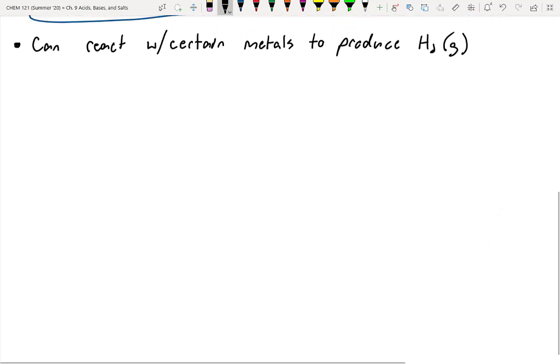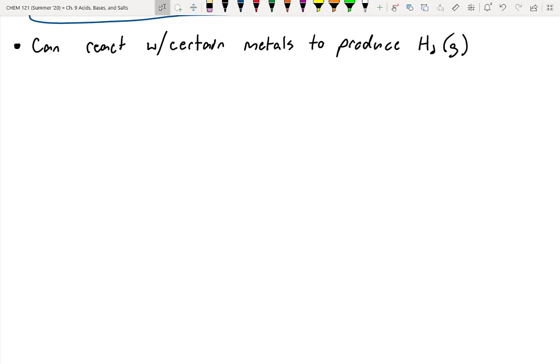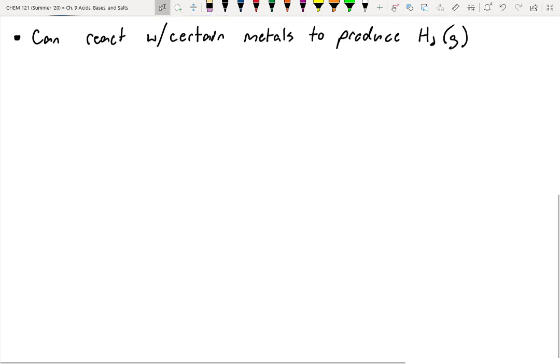Some of you might actually remember this from the water lab, right? In the water lab, you saw a video where we put a magnesium strip in hydrochloric acid. The hydrogen bubbles went up into the test tube, and we were able to light it with a match.